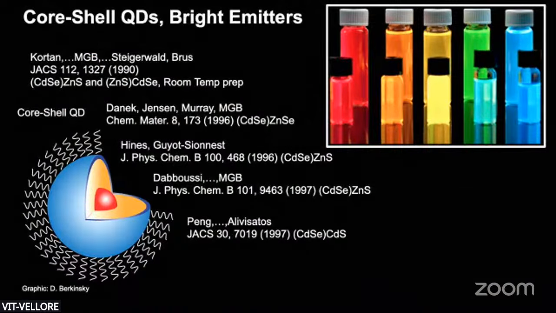A big advance in the field came, so let's go back to the timeline. The discovery of the quantum size effect was in the early 1980s, 78 to 82, something like this. And then it took more than 10 years for the synthesis to catch up to the idea, so that the properties changing with size in a very characteristic way could really be studied.